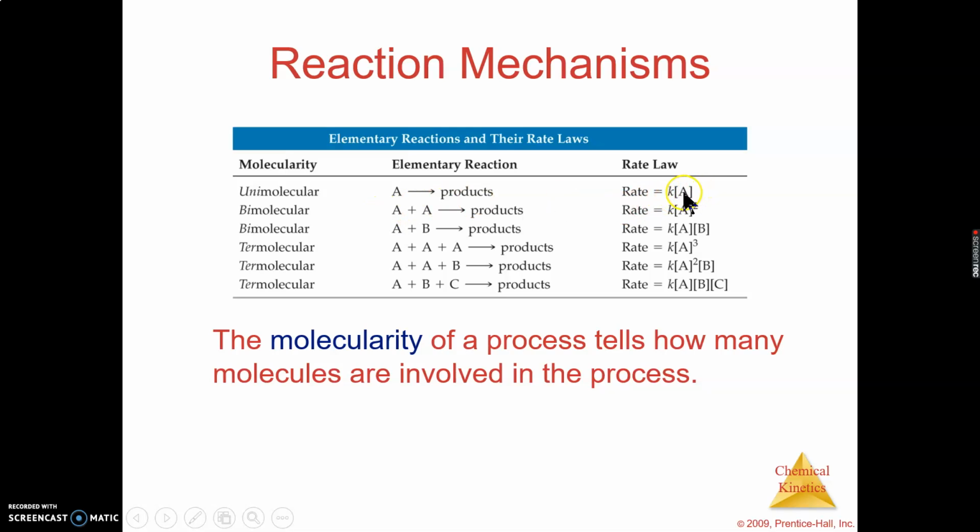So if we look here, this A, the coefficient in front of it is 1, and it's a 1 exponent. If we look here, we have 2 A's. We could also write this, instead of A plus A, we could simply write that as 2A. And if we wrote that as 2A goes to the products, then that would be A squared. And so you see here 1 and 1, so the exponent is 1 and 1.